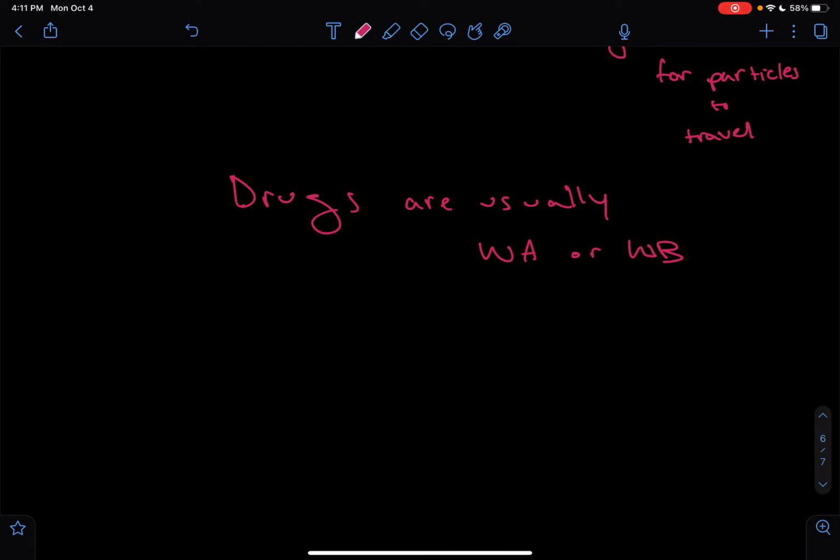So let's say I have a weak acid. Is a weak acid, A negative, going to be able to enter into the cell membrane? No, probably not. Why? Because it's an anion right now, okay? So instead, the way that it needs to enter is by adding this proton, and then entering as HA, okay? This is much more likely to be able to enter the cell.